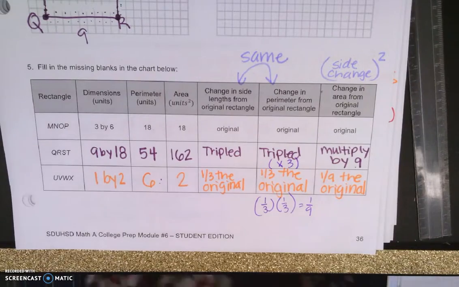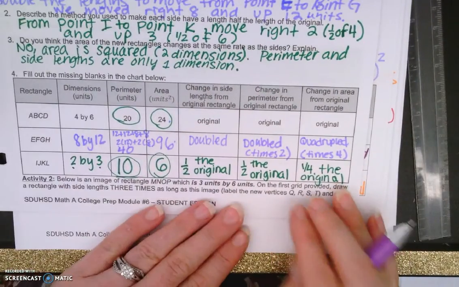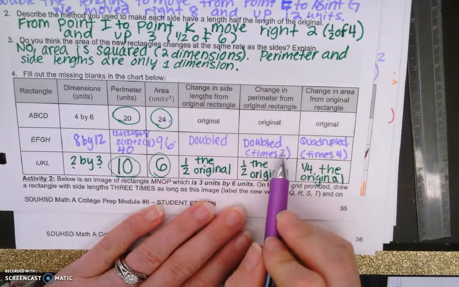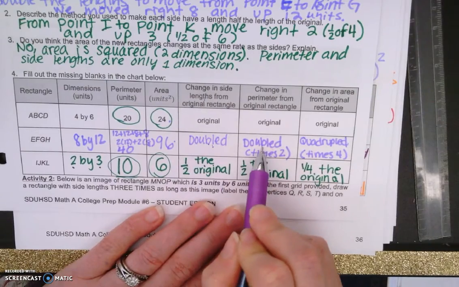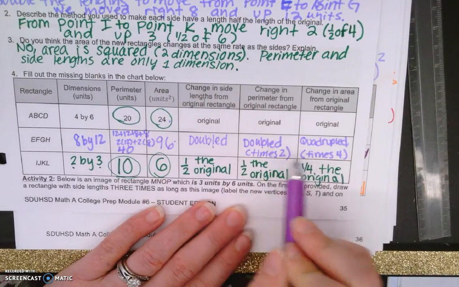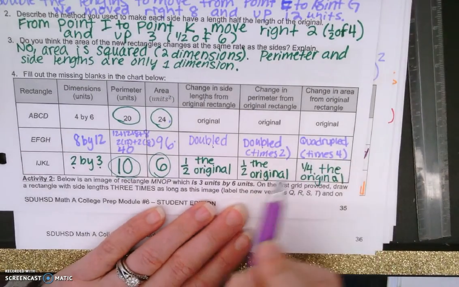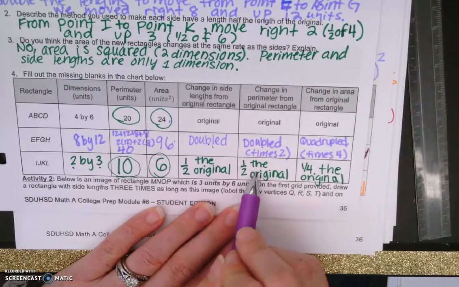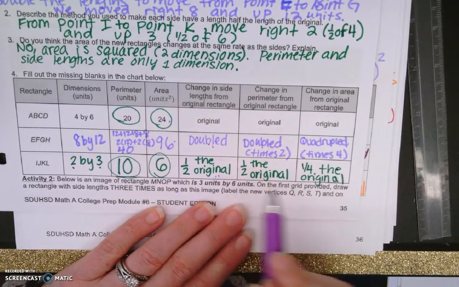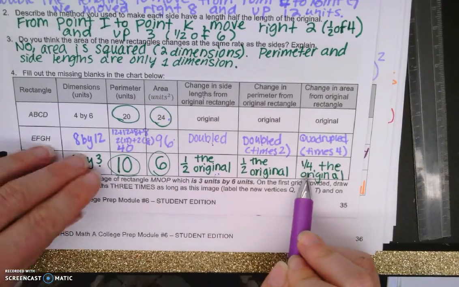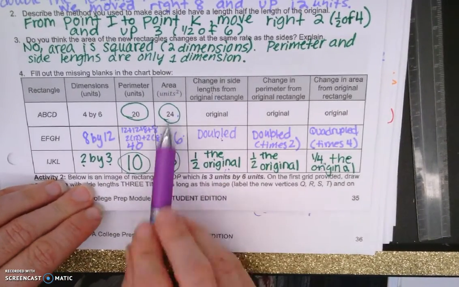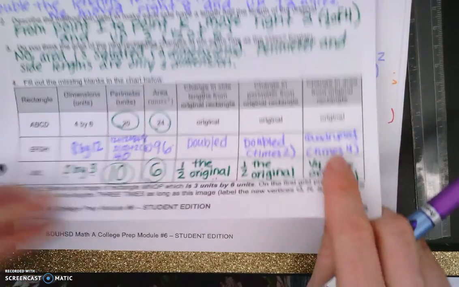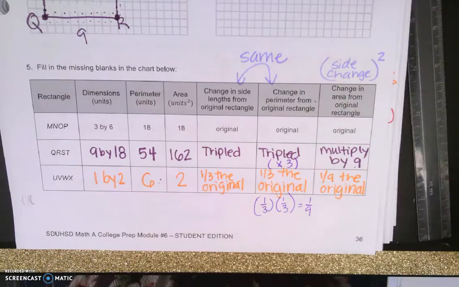And if we go back to our first page, we can see that same pattern. If we take 2, what we're changing our lengths by in our perimeter, what's 2 times 2? 4. And here we change the side lengths by 1/2. What's 1/2 times 1/2? 1/4. So we can find the factor that the area changes by without necessarily always calculating the area. That's very interesting.